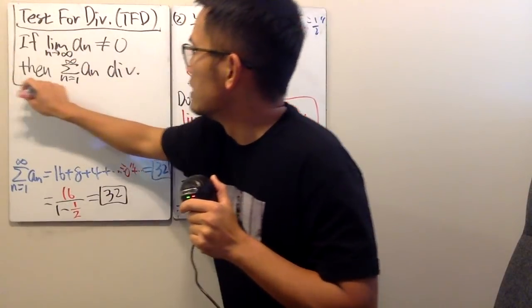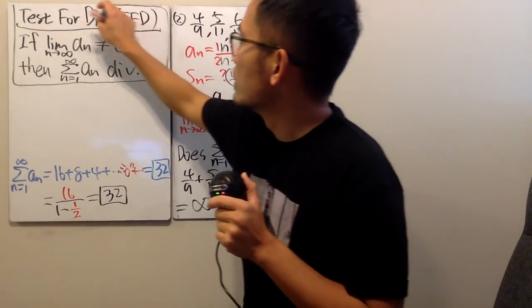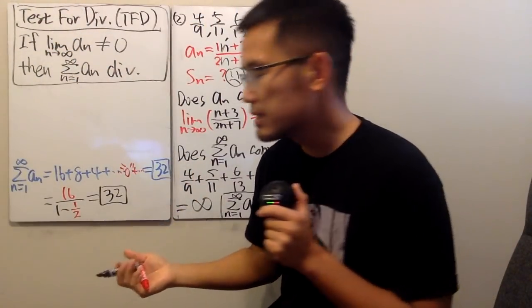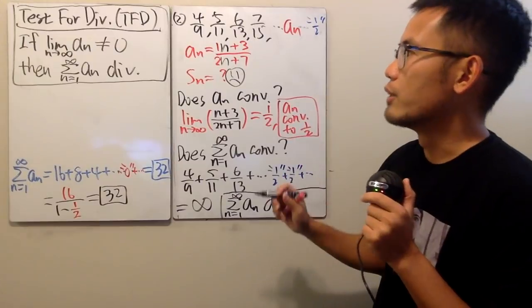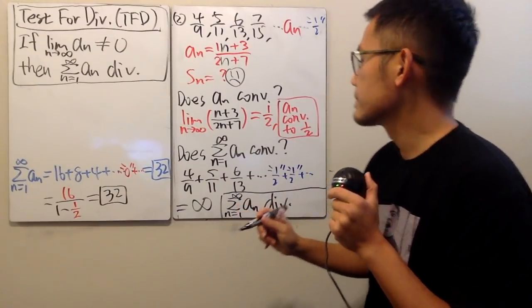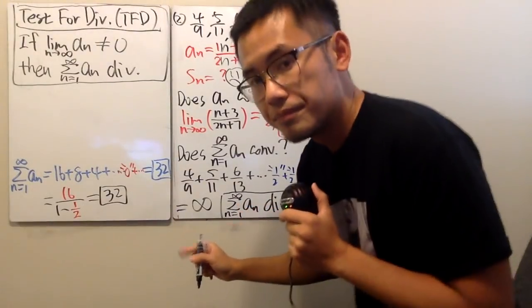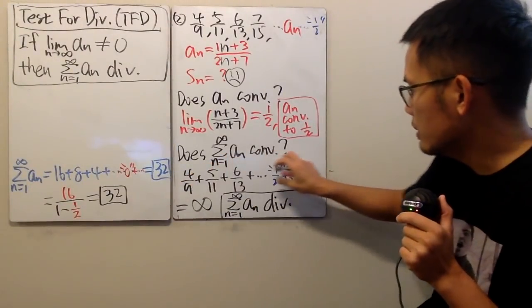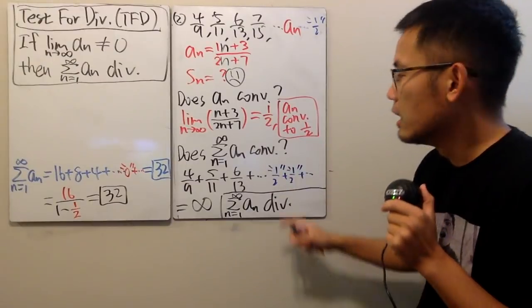And again, this is another test that we will have to know. So earlier was a geometric series test. This right here is a test for divergence, TFD. You didn't even have to write this down. It's just that it should help you to understand what was happening.